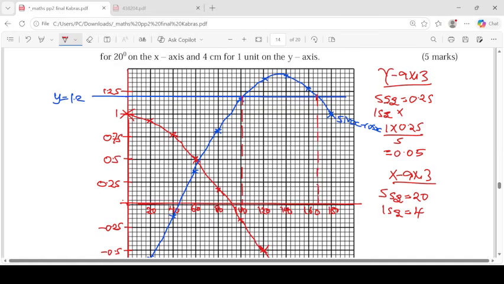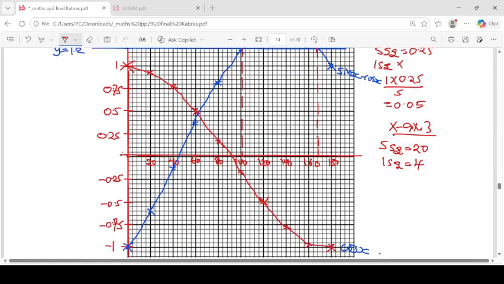So remember, one small square is 4. The first value here is at 102, and the other one there is at 168. So it is 102 to 168.